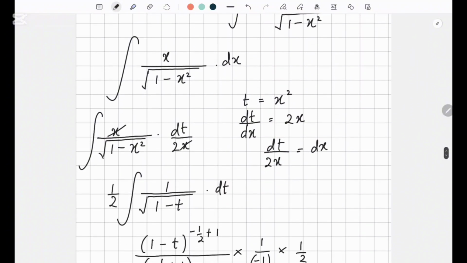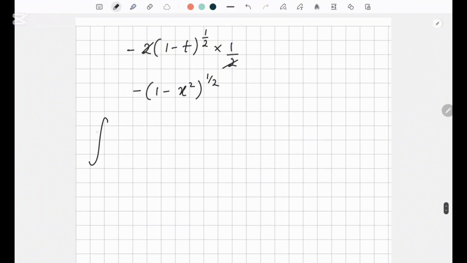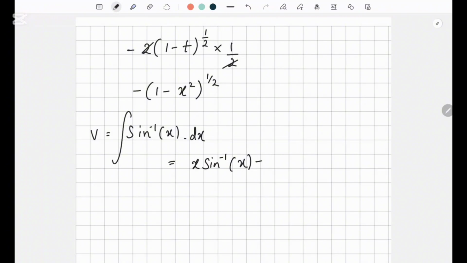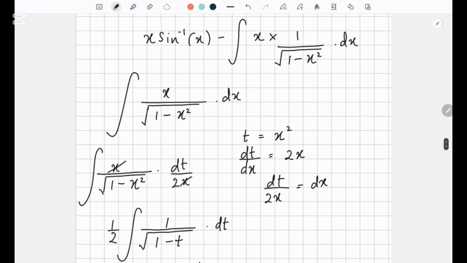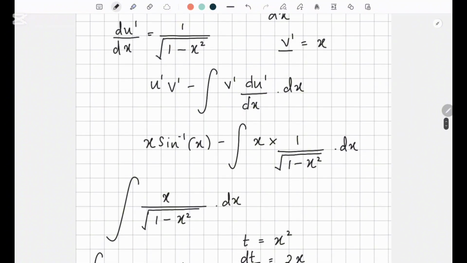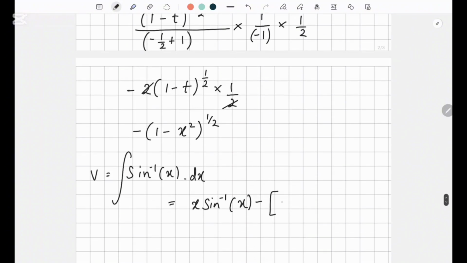So if you go back to your question, now we are finding v, which is the integration of sine inverse x, which we get as x sine inverse x minus... see, we had a minus in front, we only took this part, we didn't add the minus for this integration, so we'll have to put minus 1 minus x squared to the power half, right?